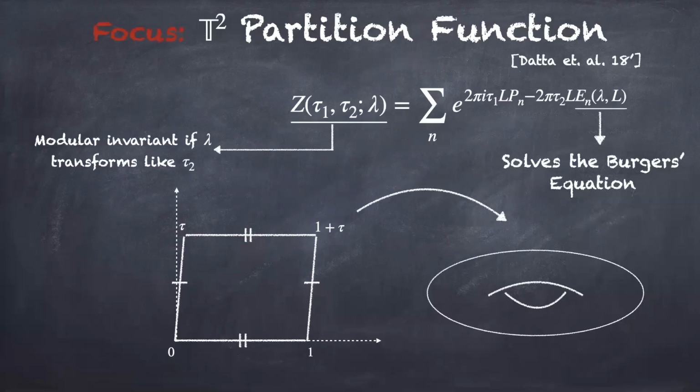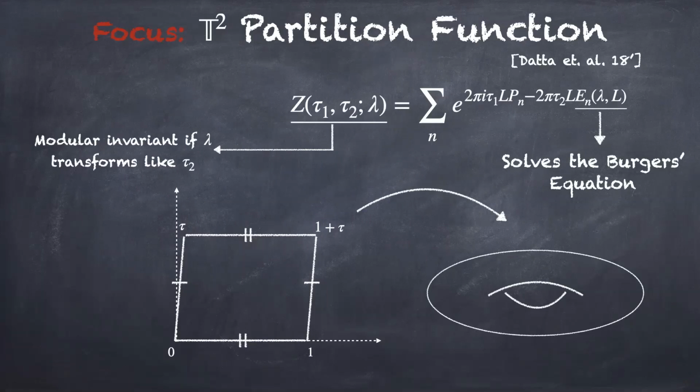On the field theory side, the quantity of interest will be the torus partition function. And this is just the partition sum where we take the deformed energy levels from a few slides before, and then compute the following sum with p sub n being the spatial momenta and tau 1 and tau 2 being the real and imaginary parts of the torus modulus.